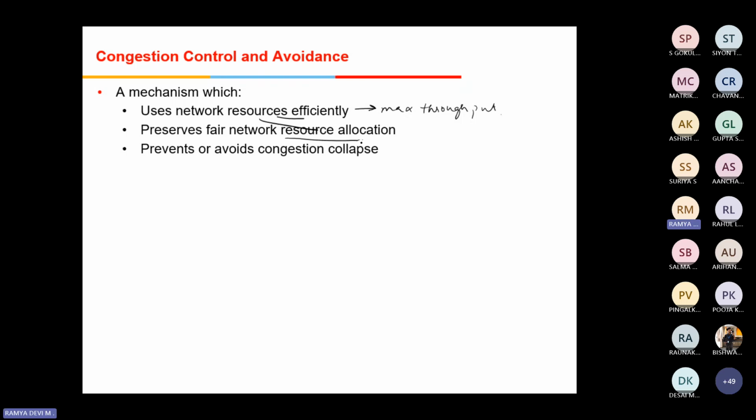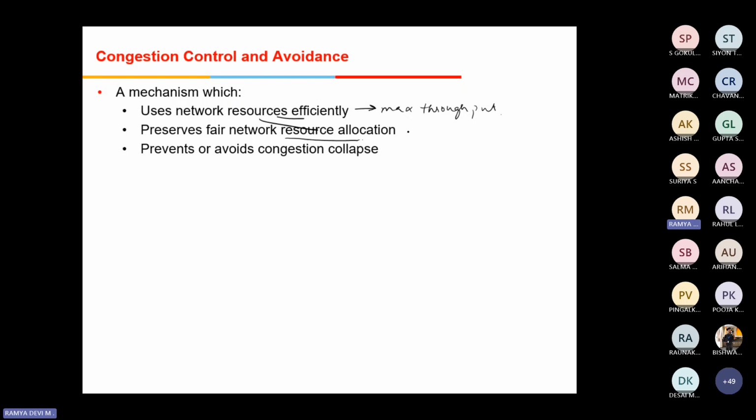The next one is fairness in the allocation. The goal is that all users are given a fair share of the available network resources so that congestion does not happen.